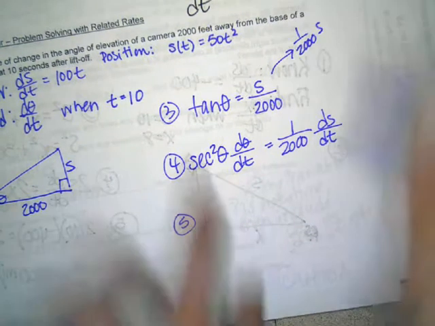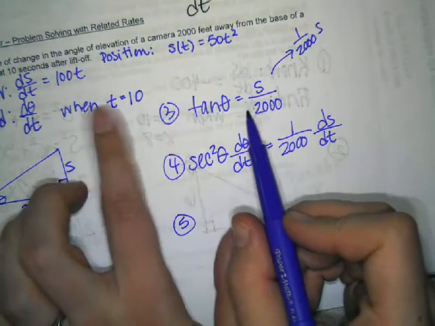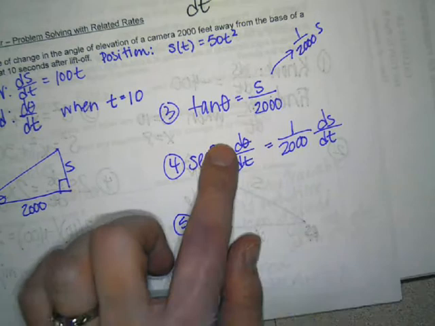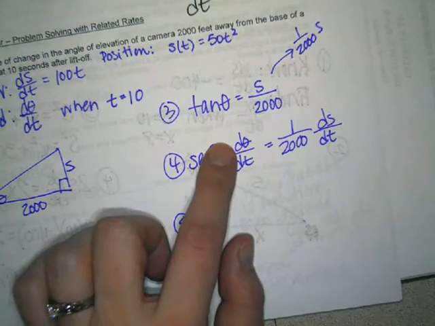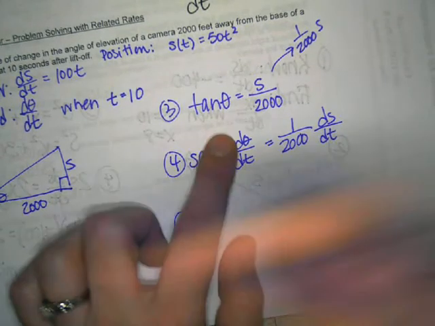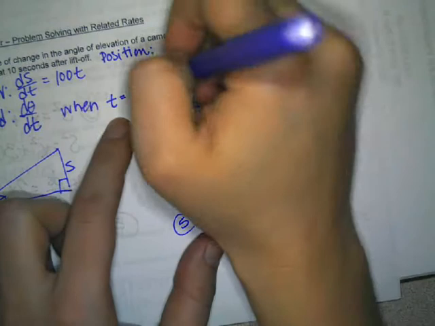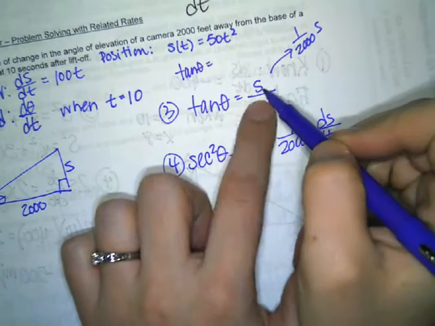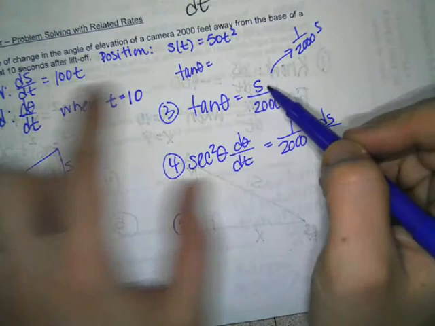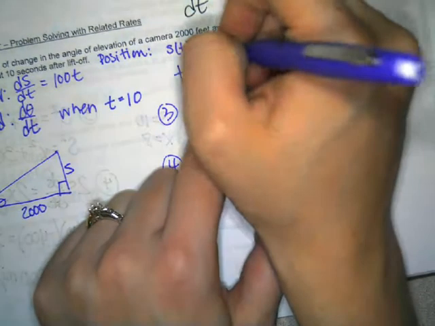Because remember, when we're missing information, go back to your original equation and then plug in to find your missing variable. Kind of like when you're finding the derivative and you're missing your y, you have to go back and plug in your x to find your y. So, same type of thing. We're going to go here. Instead of s, since s is 50t squared, I'm going to write in 50t squared.